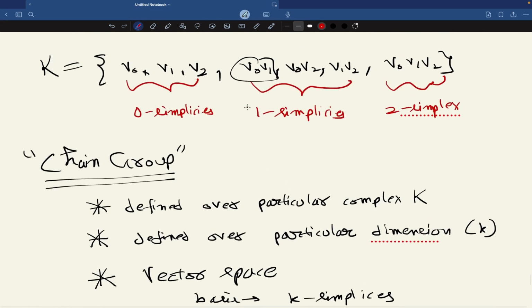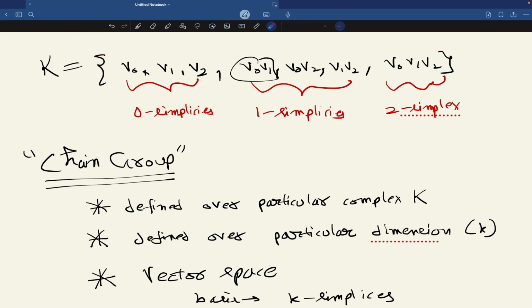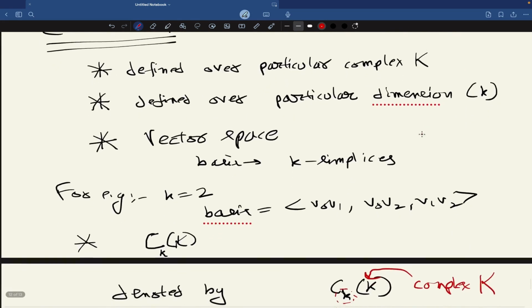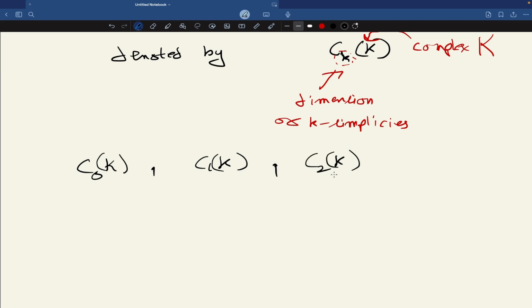How many chain groups are possible for this particular complex K? For this complex K, we have 0 simplices, 1 simplices and 2 simplex only. So for this K, we have C0(K), C1(K) and C2(K) only, right? In C0(K), what will be my basis?